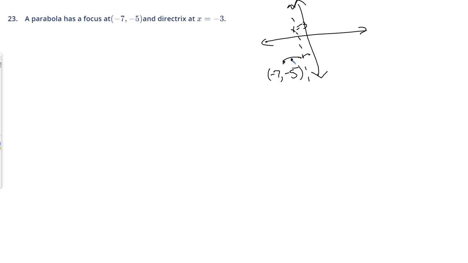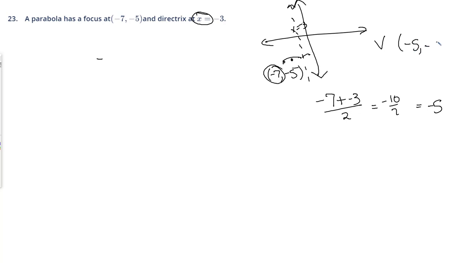So that midpoint between those two is going to be changing on your x's because it's x equals. So -5 plus -3 divided by 2. -10 divided by 2, which is -5. That's our x value of our vertex. The y value stays the same.